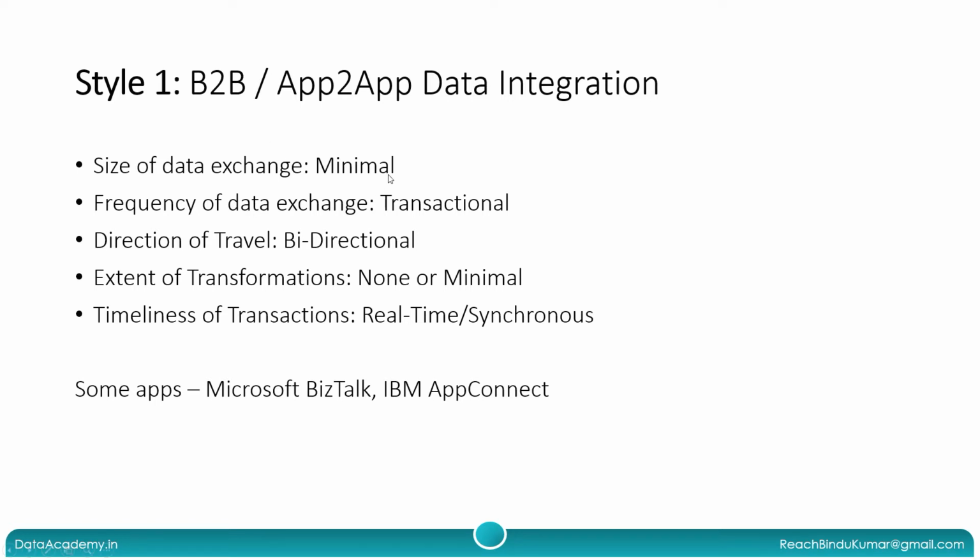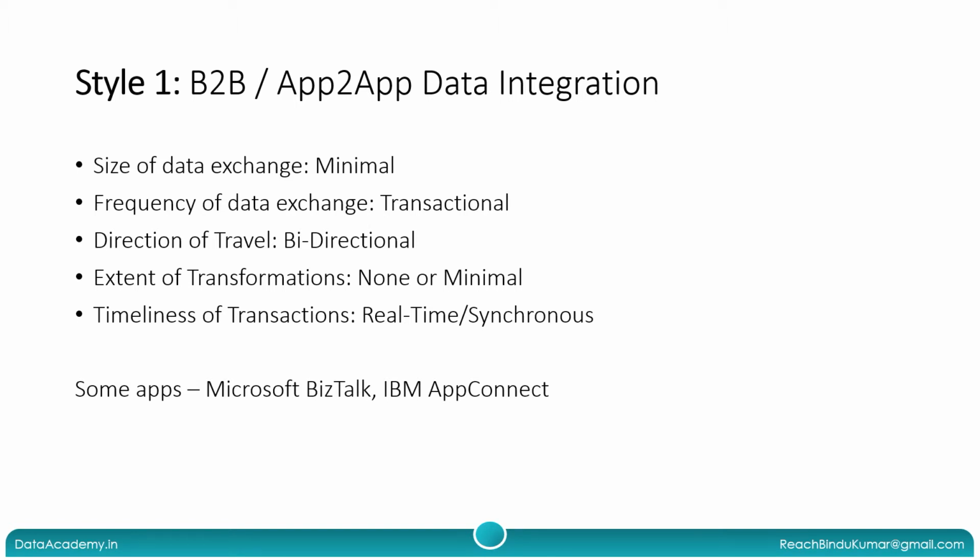The volume of data exchange is quite minimal, right? They always want to keep it minimal because you don't want to share a high volume of information because it slows down the entire process. So the focus here is on exchanging the minimal amount of information.